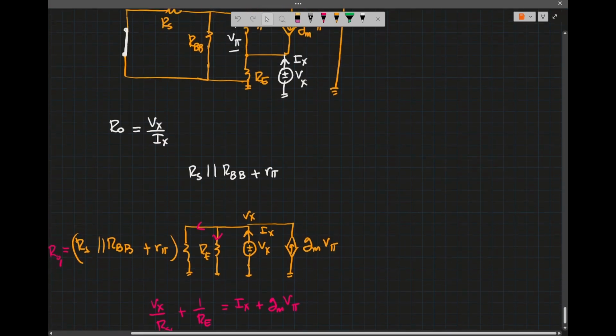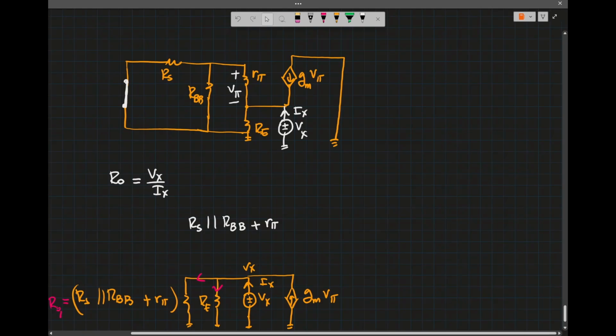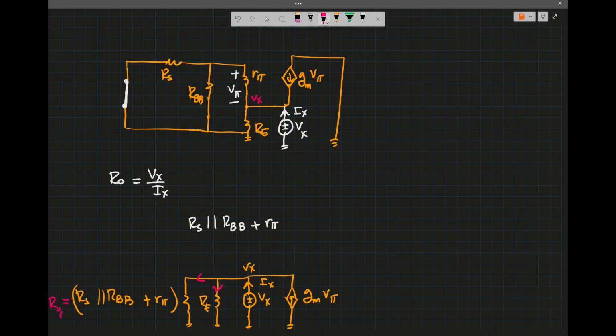What is V pi? Here we have Vx right there. So V pi equals negative Vx times R pi divided by R pi plus RBB parallel RS, doing voltage division.